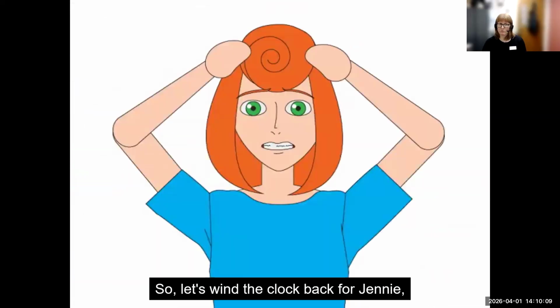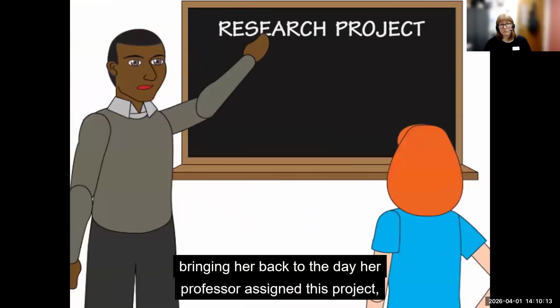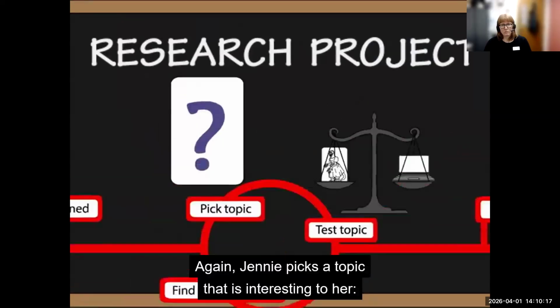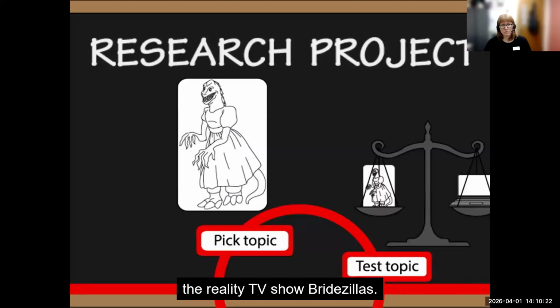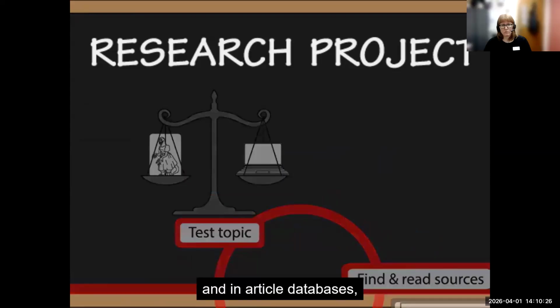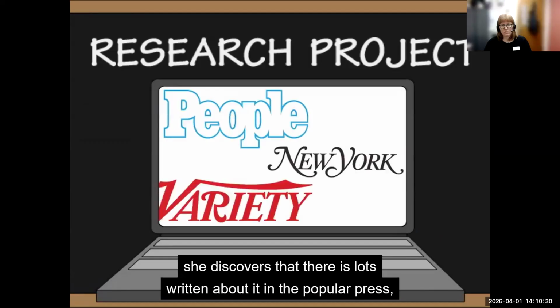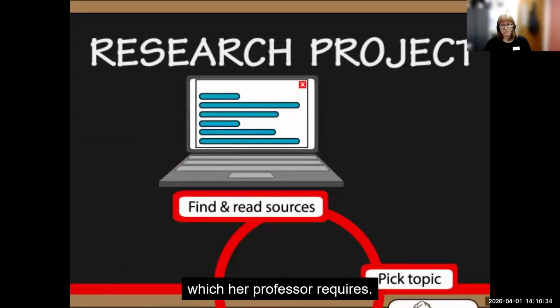So, let's wind back the clock for Jenny, bringing her back to the day her professor assigned this project, and allow her to do it again with this research model. Again, Jenny picks a topic that is interesting to her, the reality TV show Bridezillas. As she tests the topic with some internet research and in article databases, she discovers that there is lots written about it in the popular press, but not much scholarly research which her professor requires.